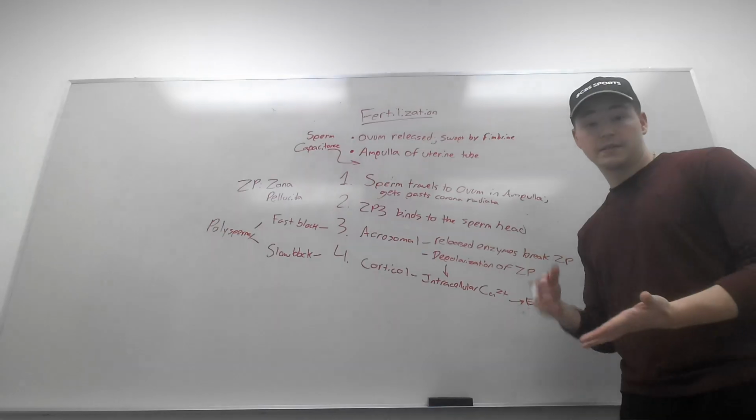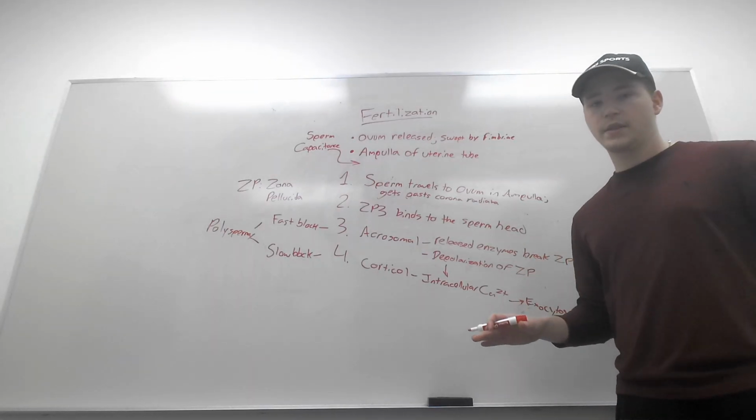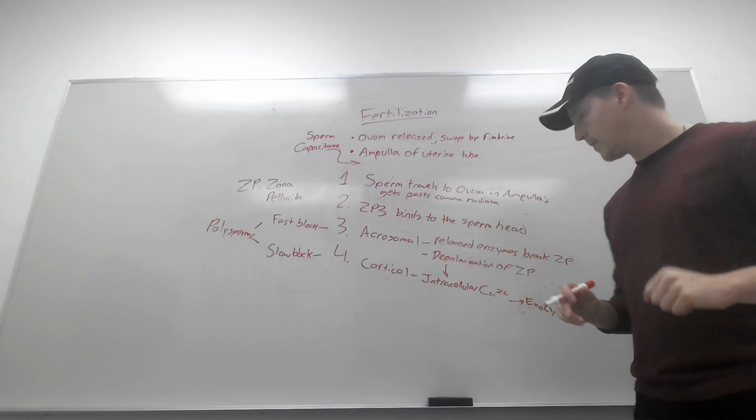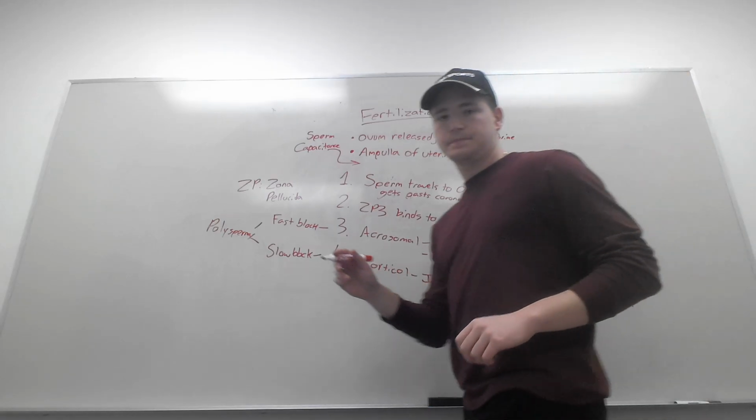This hardened ZP is the final deal. Nothing's getting through that, so it cannot be fertilized again. Polyspermy is out of the picture. We're good. So that's the cortical reaction.